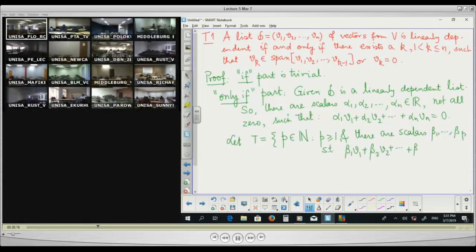I collect all those natural numbers. You will see why I did this. Obviously, T is non-empty, because N itself is in T. Okay? Alright?